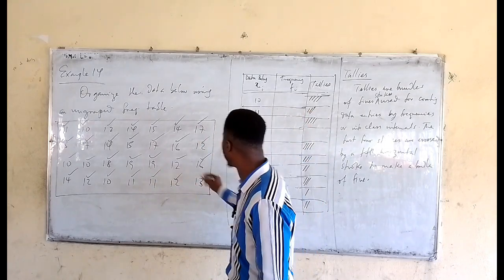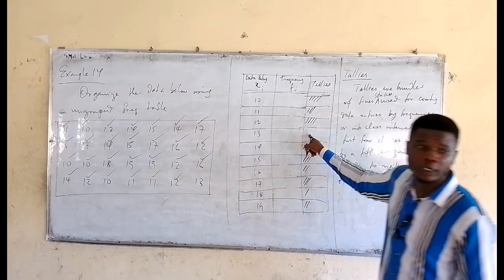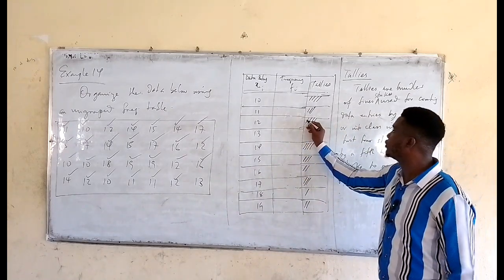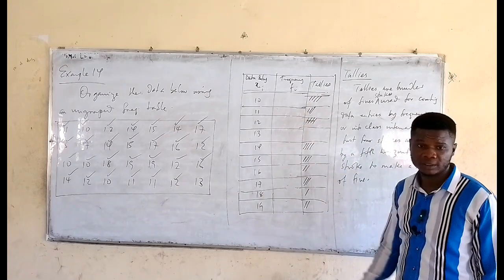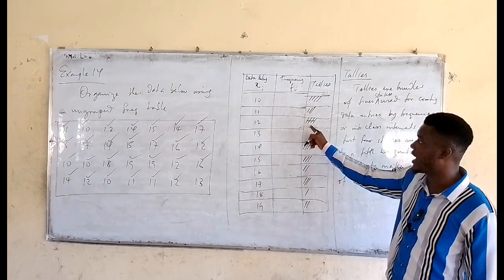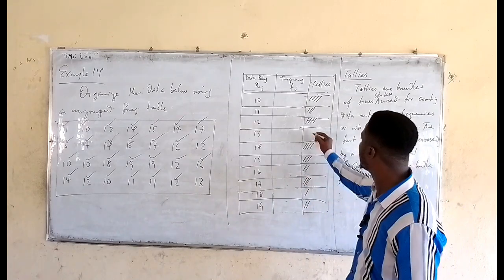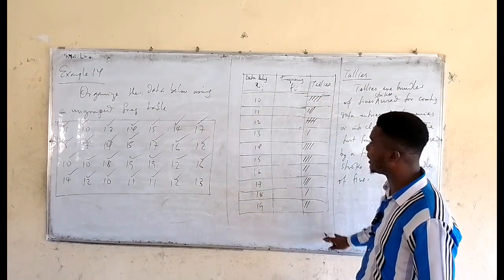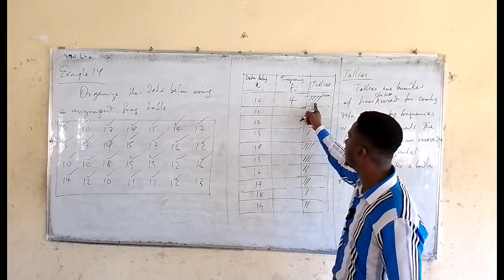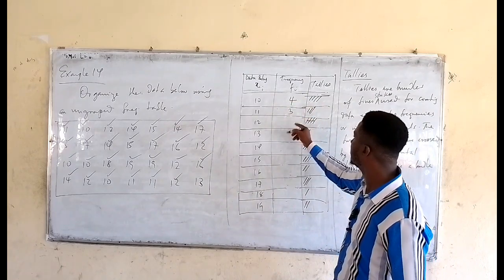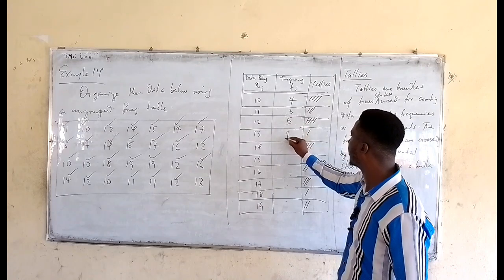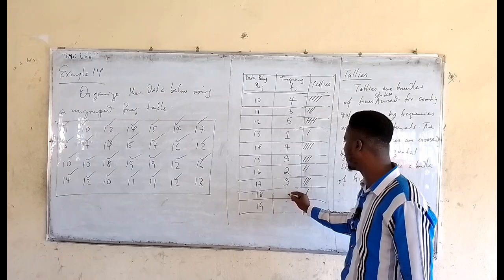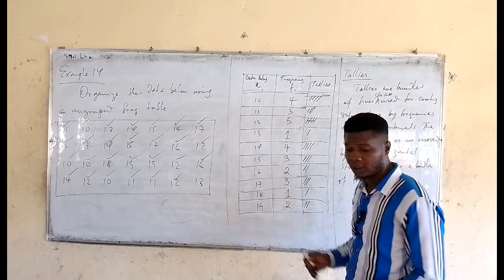Yeah, you're correct. 12. Now look at 12. This should be the 5th stroke. To make 1 bundle, you now cross. Do you see it? That means you now have 5 there. Then 13 is 1. Now look up. This will just make everything clear. You now summarize: 4 strokes, 3, 5, 1, 4, 3, 2, 3, 1, and 2. Thank you very much.